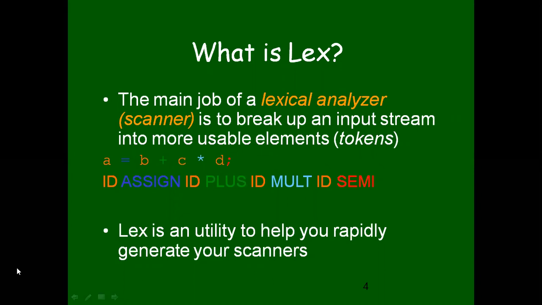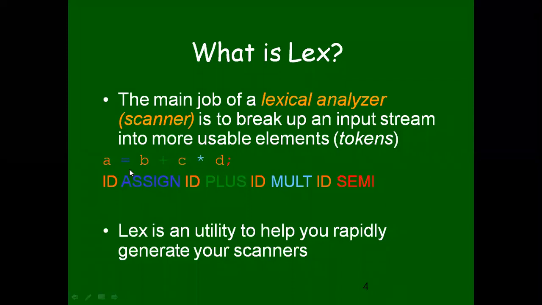See what the first point is: the main job of the lexical analyzer. The lexical analyzer can also be called a scanner. And what is the main job of the scanner? To break up an input stream into elements, which are called tokens. Here the input stream is A is equal to B plus C into D. See how the tokens are generated. ID, then the equals sign is the assignment operator, assign.